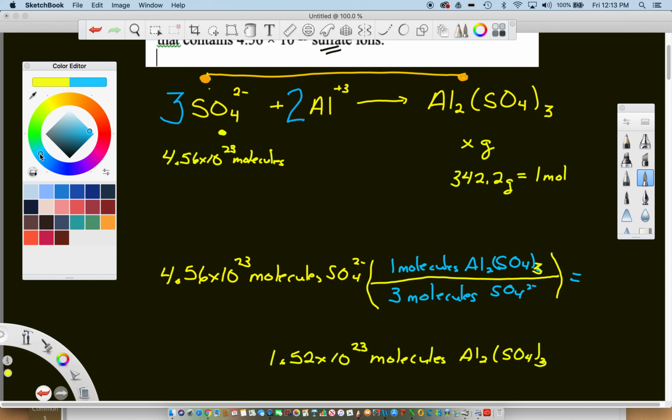So that gives us, let me put a color code here, 1.52 times 10 to the 23rd molecules of aluminum sulfate.